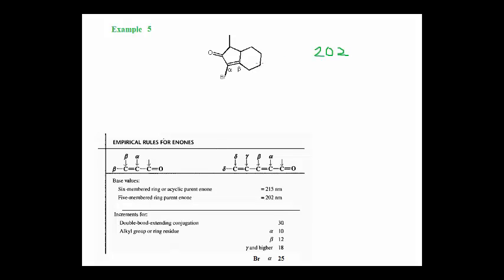We have no additional double bonds in conjugation. Let's look for exocyclic double bonds, and the double bond between the alpha and beta carbons indeed is exocyclic, external to our 6-membered ring here, and so that is a contribution of 5 nanometers. So we add 5.